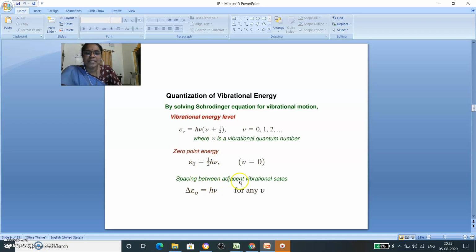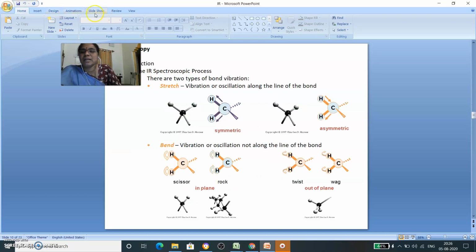The spacing between adjacent vibrational states, you can calculate up to 5, 0, 1, 2, 3, 4, 5 like that, and calculate E1 minus E0, E2 minus E1, E3 minus E2 like that, and then frame this generalized statement: delta Ev is equal to h nu, for any v, where nu is the vibrational frequency. So this is a little bit of introduction to IR spectroscopy.